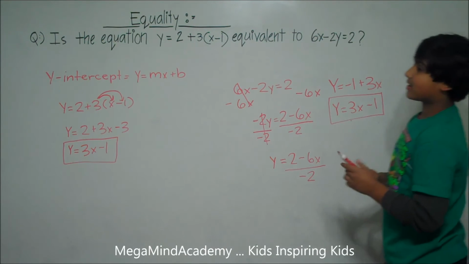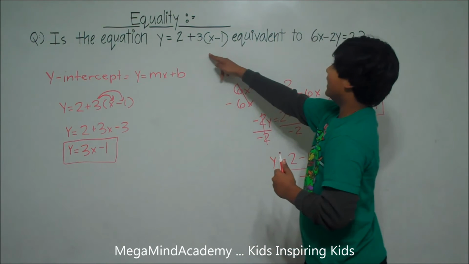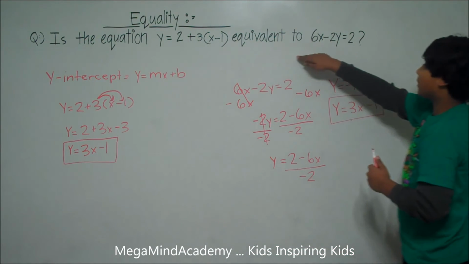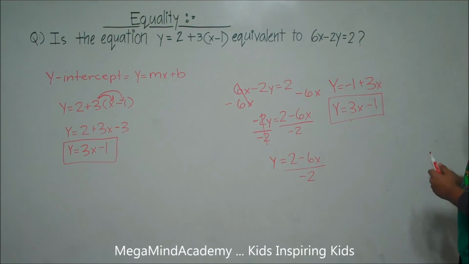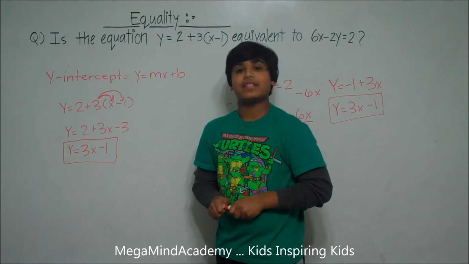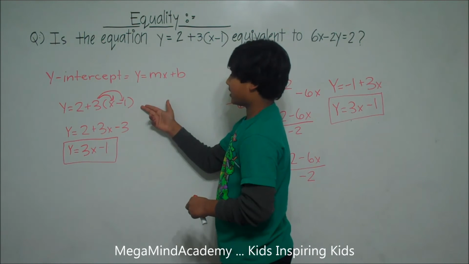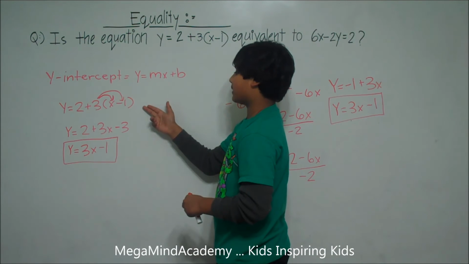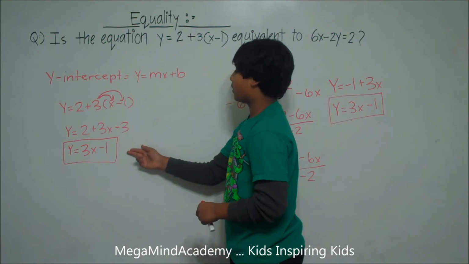Now the question is asking if the equation y equals 2 plus 3 into brackets x minus 1 is equivalent to 6x minus 2y equals 2. The way you find out if they're equivalent is if they have the same intercept form. The intercept form for y equals 2 plus 3 into brackets x minus 1 is y equals 3x minus 1.